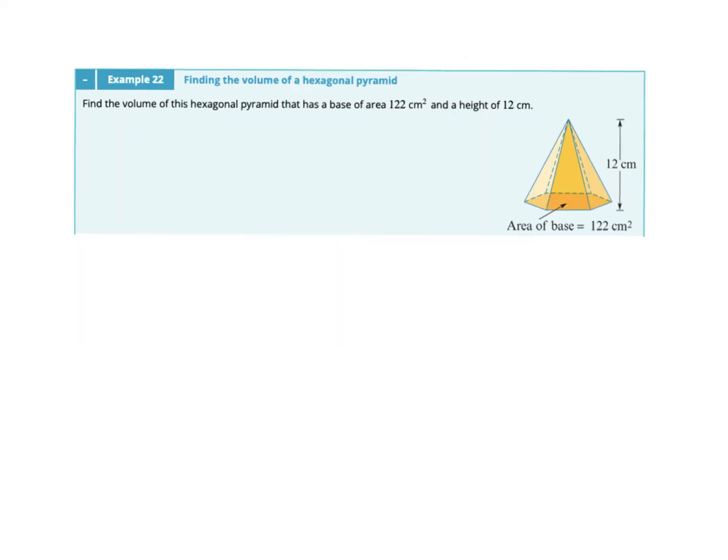So as I said before, when you have this pointed object, when you're finding a volume, it's always going to be a third times the base area, and that's why they write a B, times the height, and that's why we've been seeing a third times BH. So in this example, we could go and work it out.